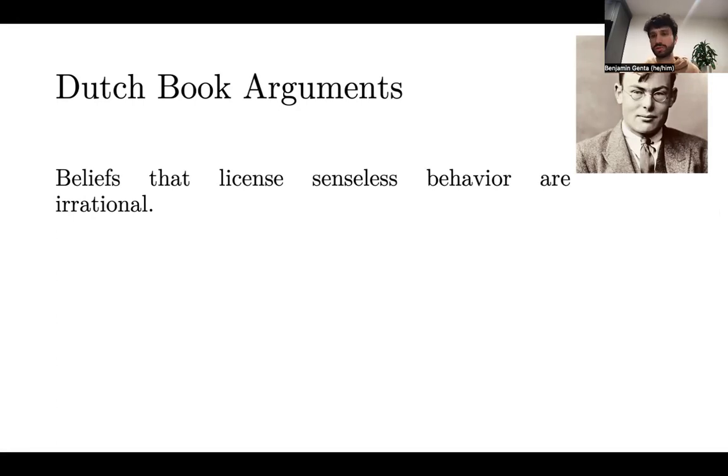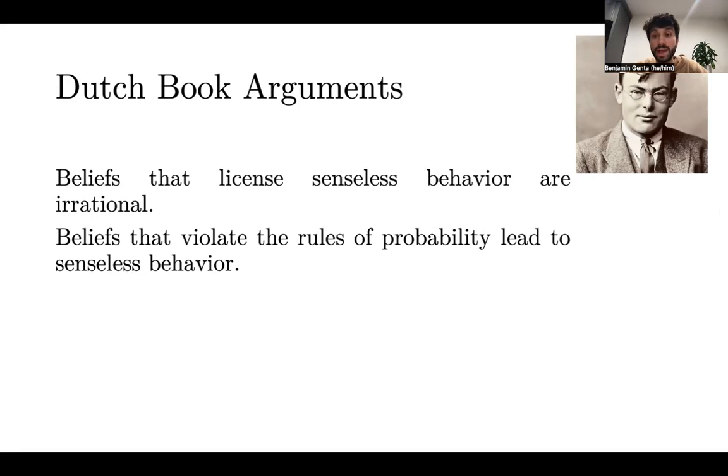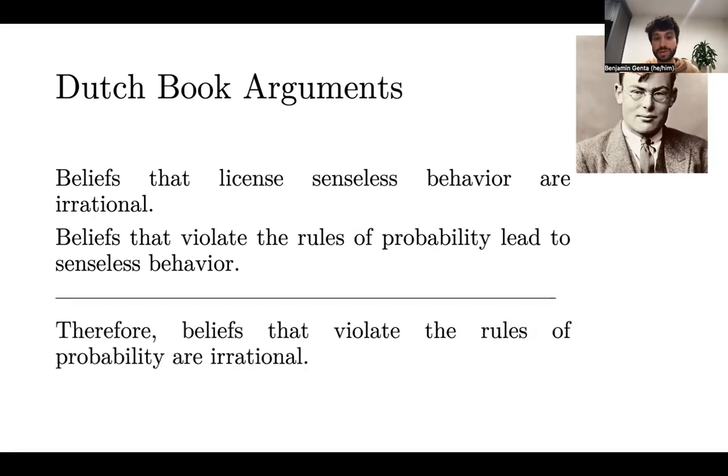This doesn't seem very controversial, but the crucial step of the argument is, if your beliefs violate the rules of probability, then they'll lead you to do this senseless behavior, right? And you might ask why, and we'll see why. But if you accept both of these premises, then it follows that beliefs that violate the rules of probability are irrational.